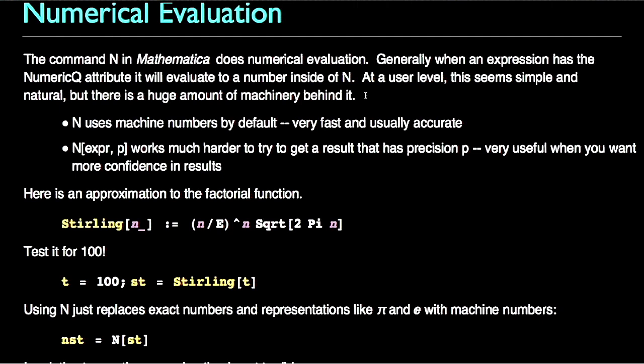So first thing is, if you just use N with one argument, it'll use machine numbers. So if I do N of the square root of 2, it'll give me 1.141, to roughly 16 digits. But N of x, comma p, works much harder to try to get a result that actually has precision p. So it adaptively works to try and get a result with the requested precision.